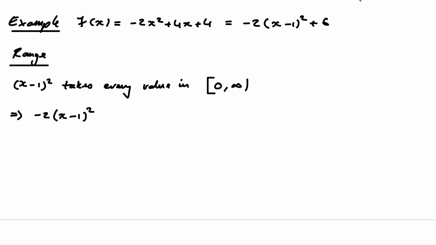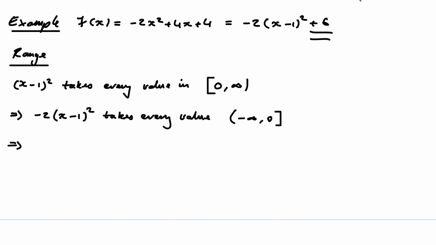this takes every value. Well, if I multiply by a negative, it becomes the negative numbers, so it would be minus infinity to 0, 0 inclusive, of course, because x could be 1. But then if I add 6, that's just going to raise everything up by 6.